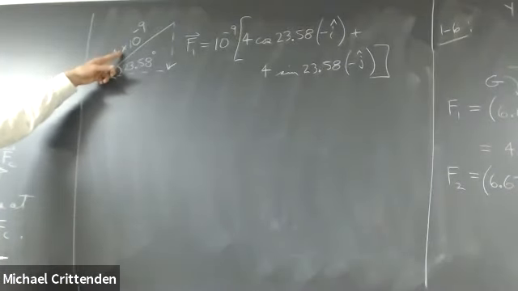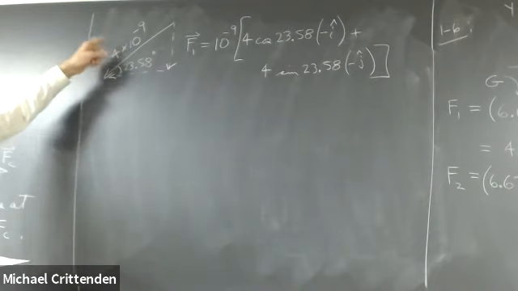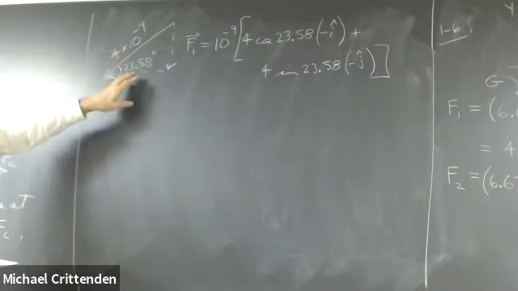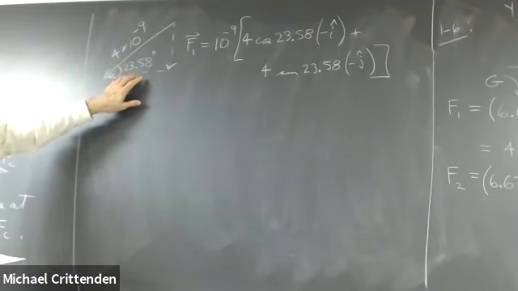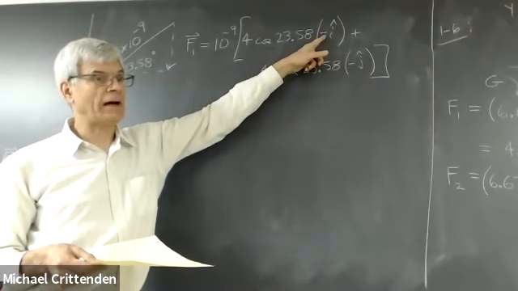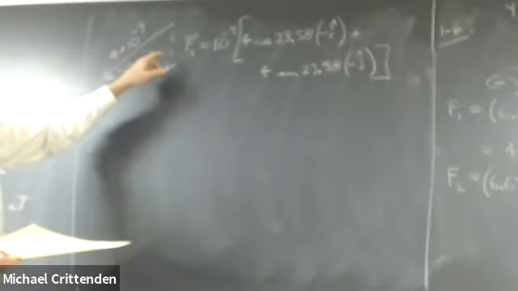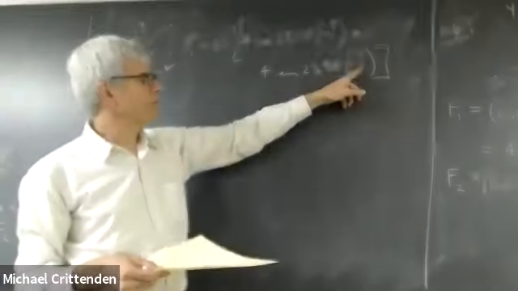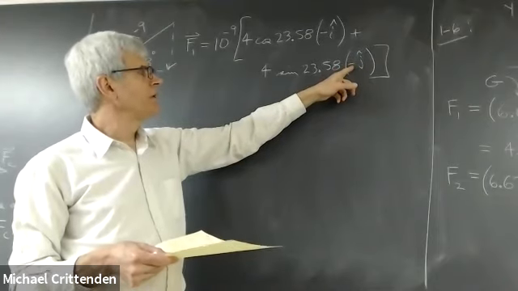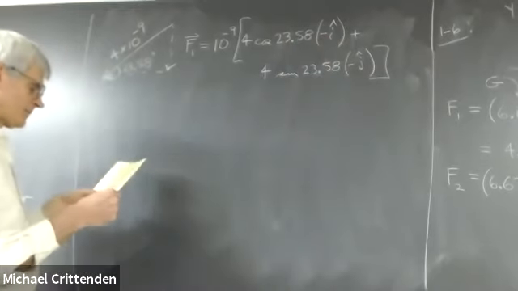I've got 4 times 10 to the negative 9 on this hypotenuse. That hypotenuse times the cosine of the angle gives me the x component, which points to the left, so minus I for the direction. Hypotenuse times sine gives me the y component, which points down, so negative j for that.